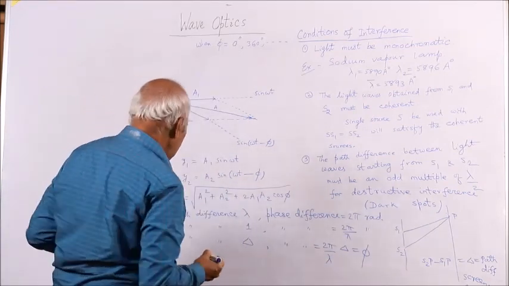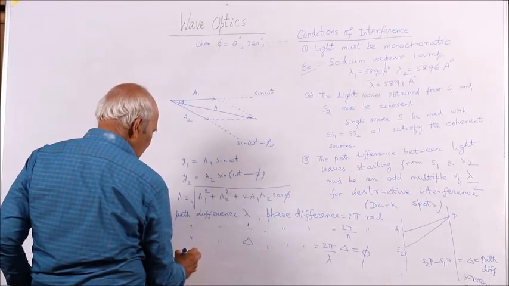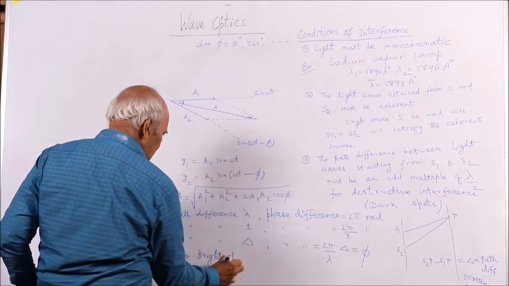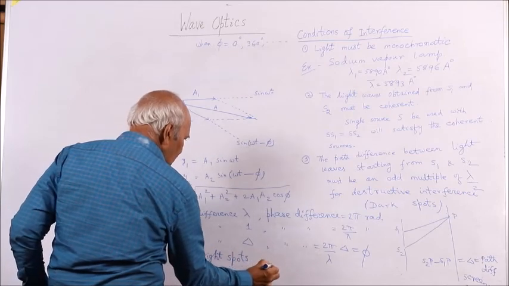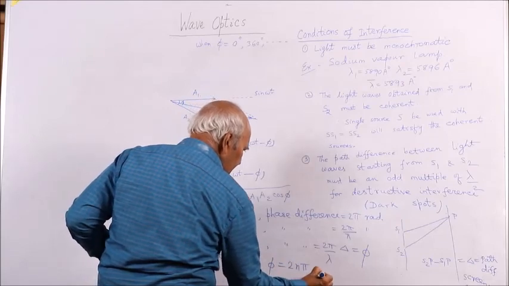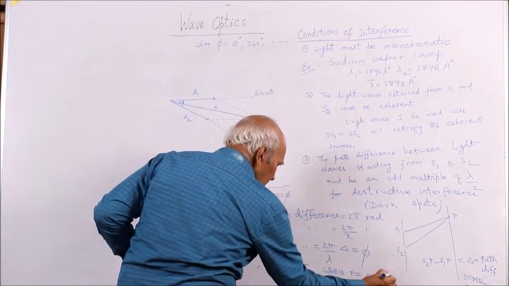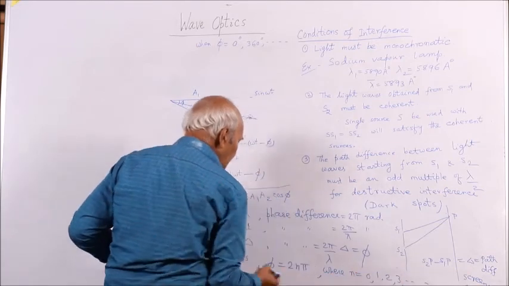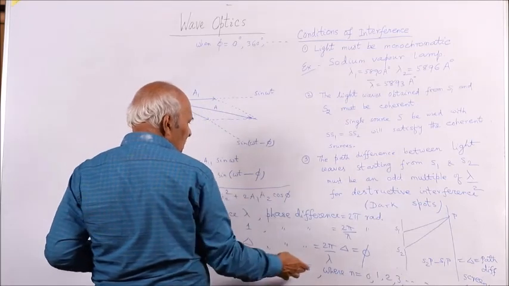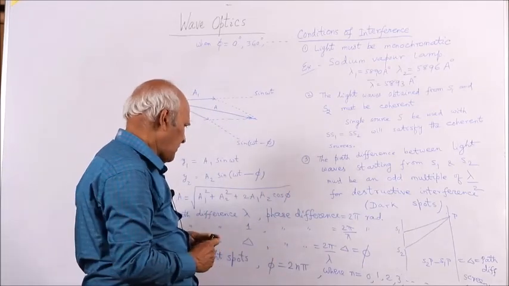With this idea, for bright spots phi will be 2n pi, where n is equal to 0, 1, 2, 3, and so on. 0 degrees we discussed previously, it is one value, then 2 pi is also the same value. So, this is the condition for bright spots.